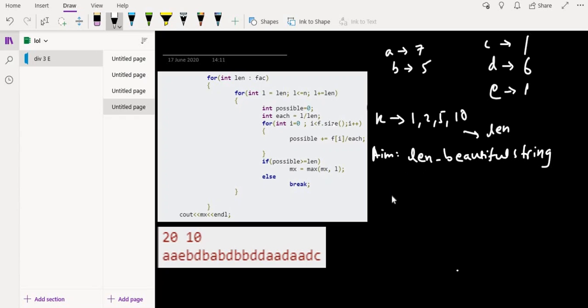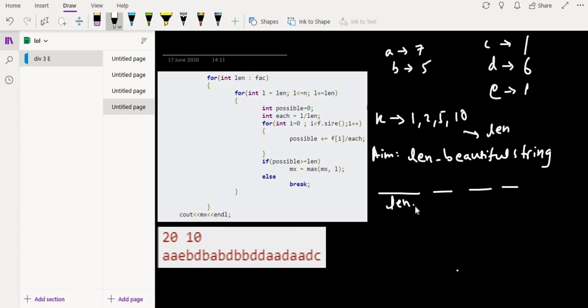Now while building a len beautiful string, we know that if it is len beautiful, suppose this is len, then if we repeat it any number of times, it's still going to remain len beautiful, right?